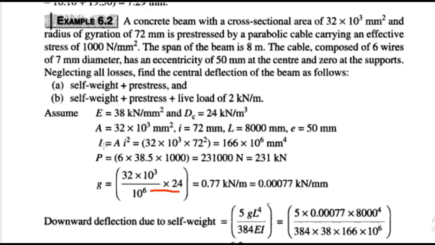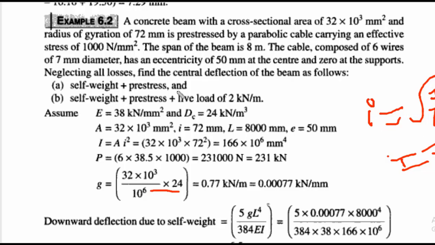Then we have the formula radius of gyration small i equal to square root of I by A. Already you know this formula: radius of gyration i equals square root of moment of inertia of the cross section divided by area of the cross section. If you want to calculate the moment of inertia, by squaring on both sides you will get i square into A.